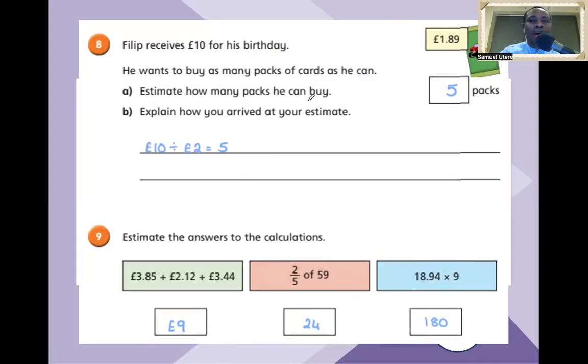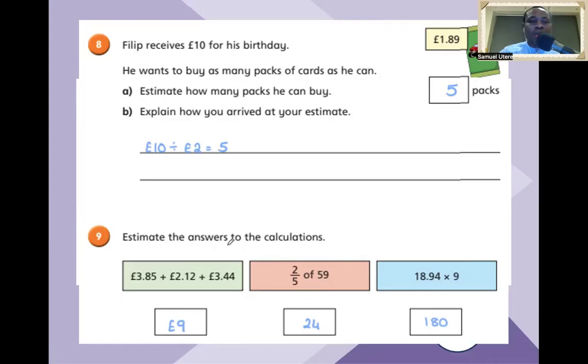Estimate how many packs he can buy and explain how you arrived at your estimate. Well, we have an estimate for £1.89, which is closer to £2. So you divide £10 by £2, which will be 5. So you can buy 5 packs of cards.